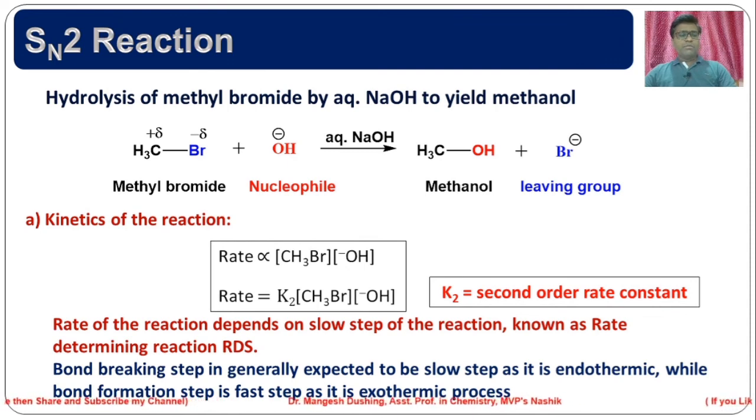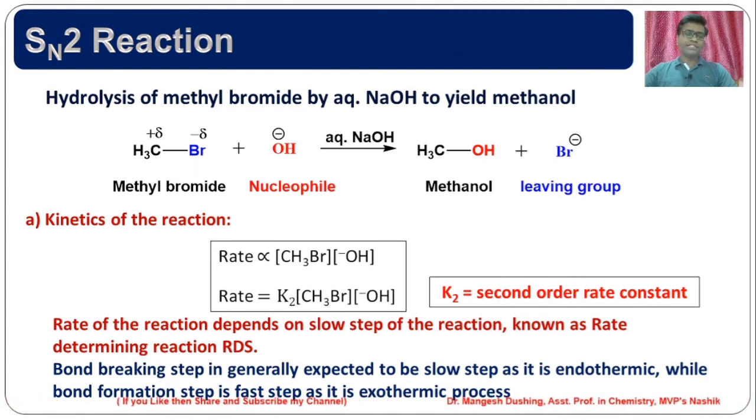Friends, a bond breaking step is generally expected to be a slow step as it is endothermic, while a bond formation step is a fast step as it is an exothermic process. So in this SN2 reaction, the bond breaking process, that is the C-Br bond breaking, is the slow step.